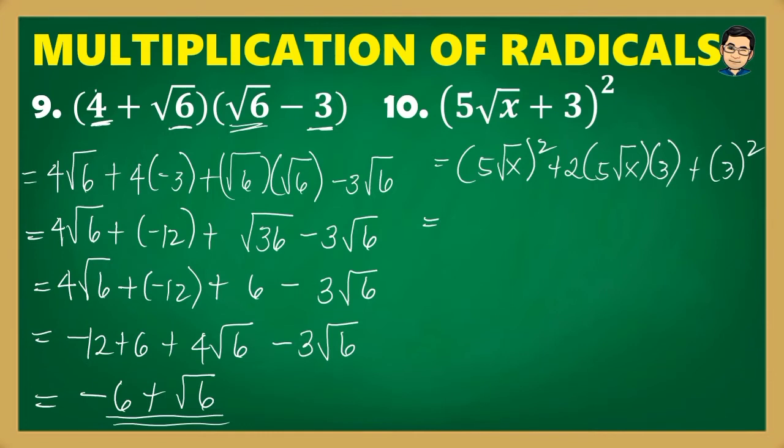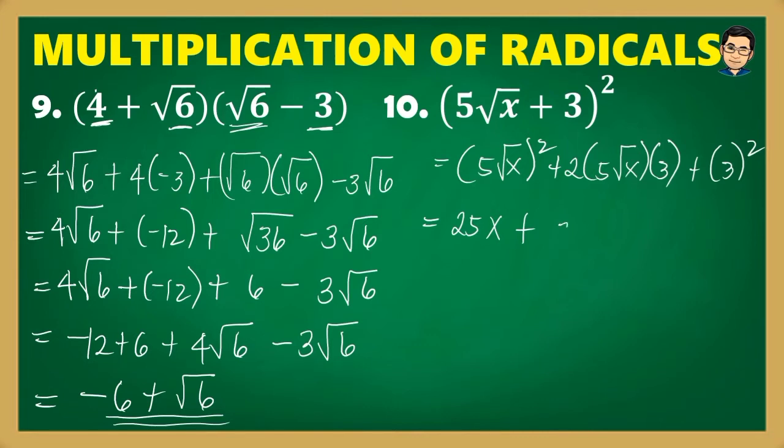Next, so square the first term, 5 square root of x. So, 5 times 5 is 25. And then, square root of x squared, that is x na lang, plus the product of 2, 5, and 3. So, 2 times 5 square root of x is 10 square root of x times 3.